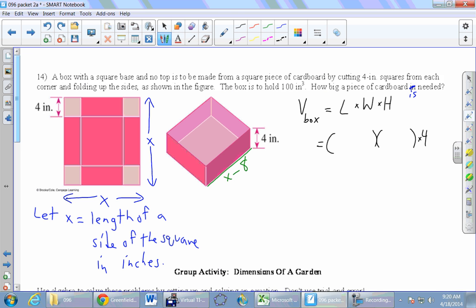How about the width, which I'll say is that guy? It's also x minus 8 because we started with a square. So the length is x minus 8, the width is x minus 8, height is 4.